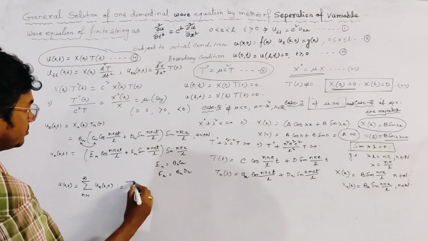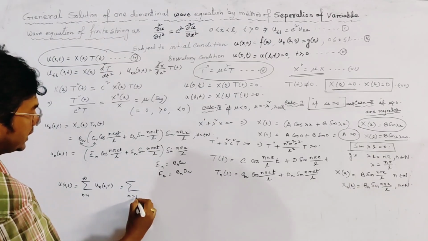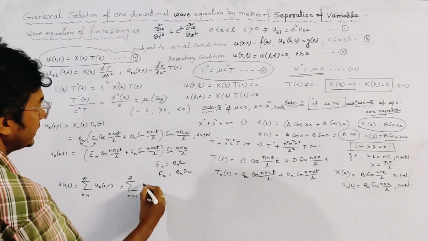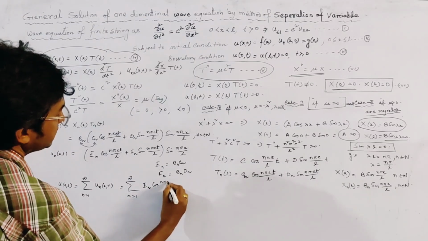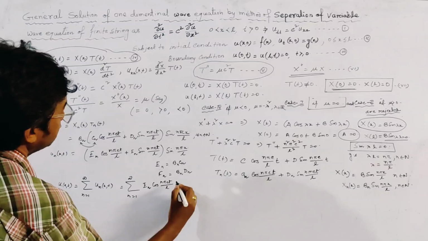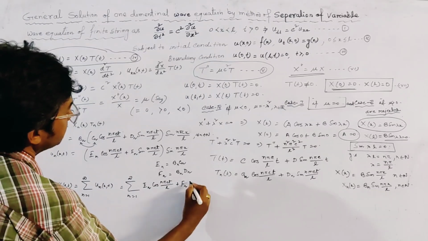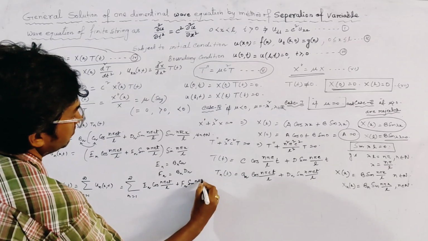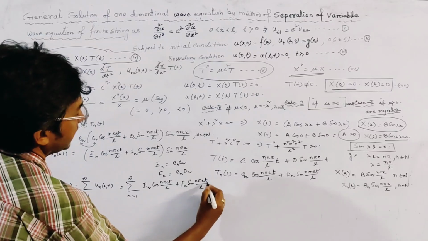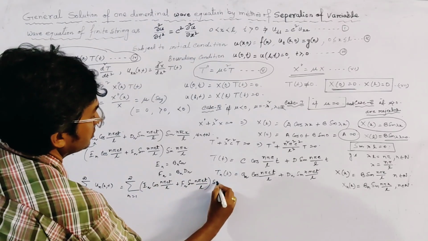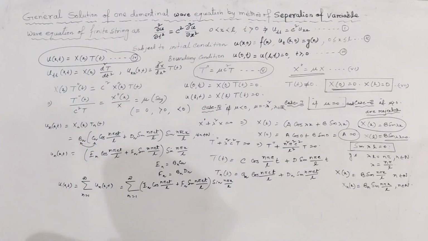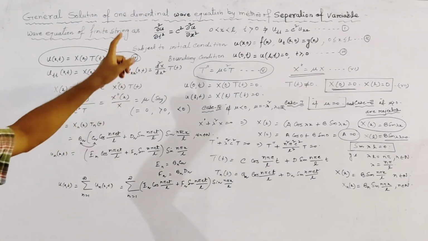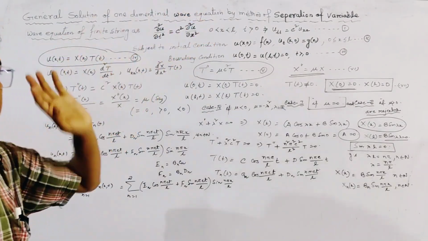And the solution can be written as summation n equal to 1 to infinity of E_n into cos(n pi ct by L) plus F_n sin(n pi ct by L) into sin(n pi x by L). And this is the general solution of the one-dimensional wave equation by separation of variables.